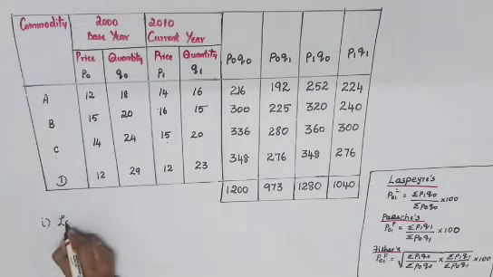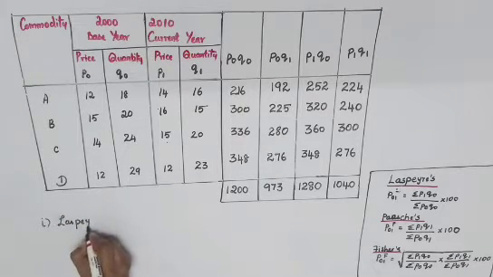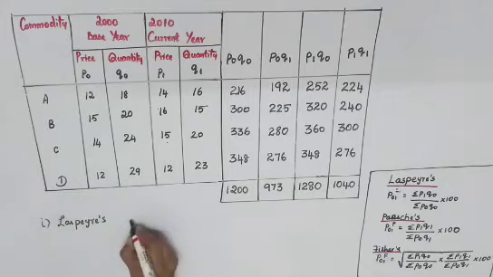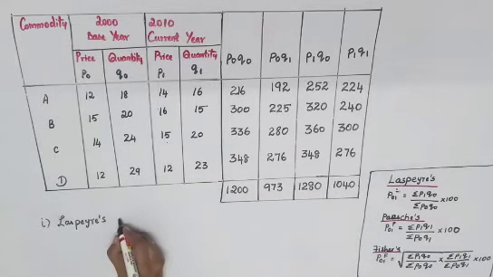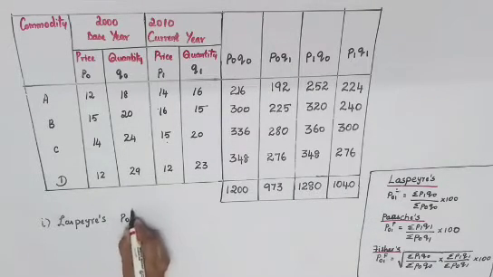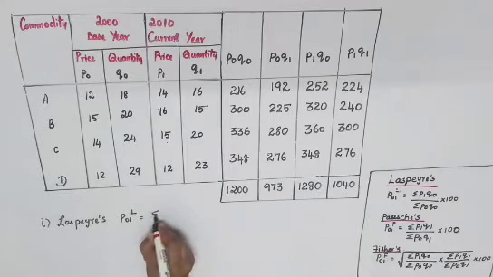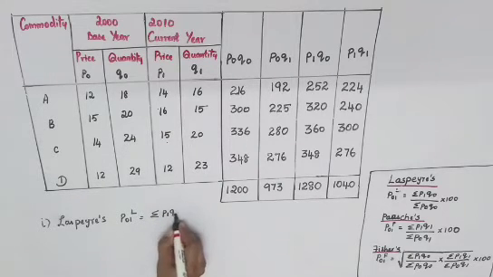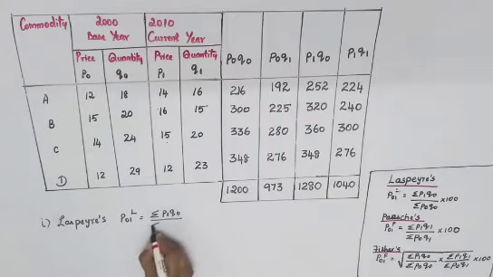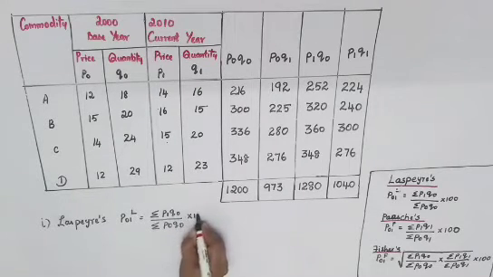So Laspeyres' formula, I just wrote the formula here: P01L equals sigma P1Q0 divided by sigma P0Q0 into 100.